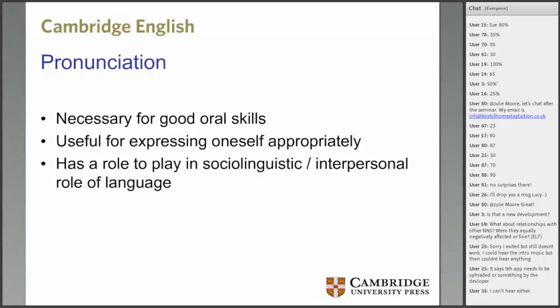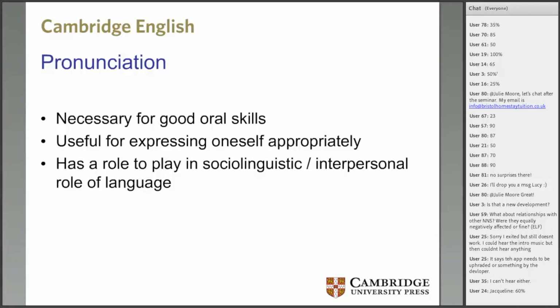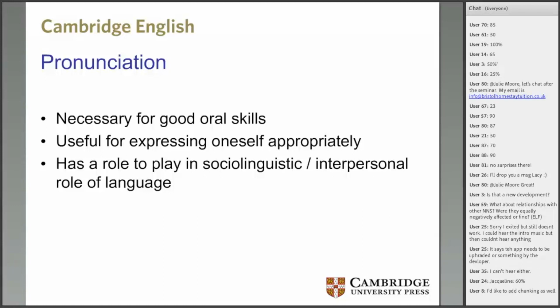So pronunciation in particular, if we focus on that on its own just for a moment, it is necessary to have reasonably good pronunciation to have good oral communication skills. It's necessary to actually help someone speak appropriately, and we'll look at what I mean by that in a little bit more detail.